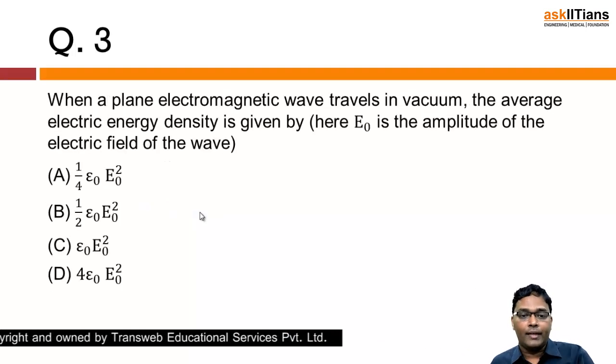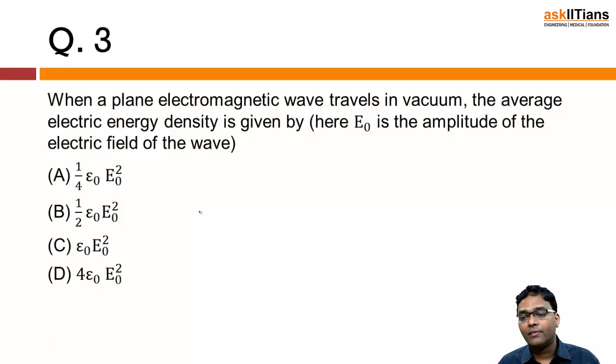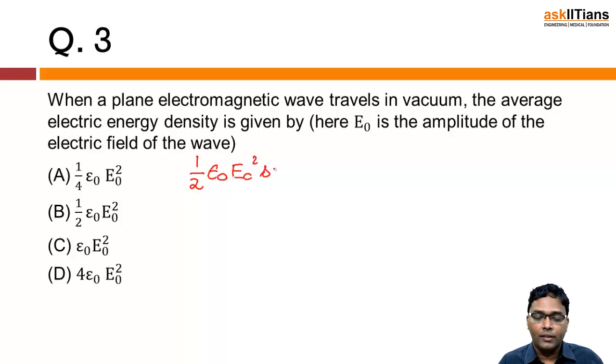Okay, fine. Moving on further, when a plane electromagnetic wave travels in vacuum, the average electric energy density, we know that there are two values, one because of the electric field, the other because of the magnetic field, right? So we define it as 1 over 2 epsilon naught E naught square sine square (omega t minus x by c).